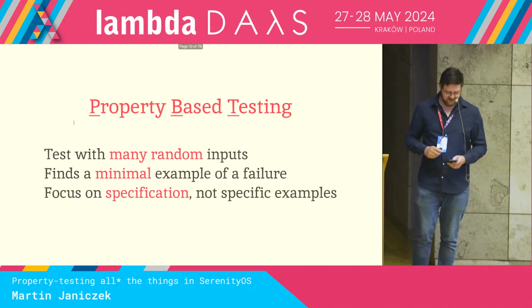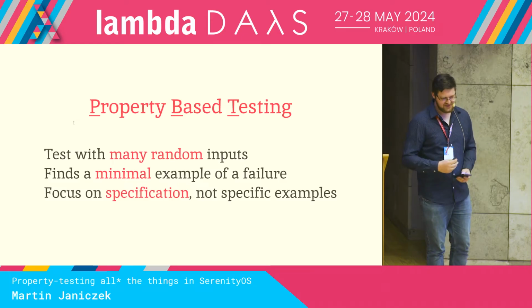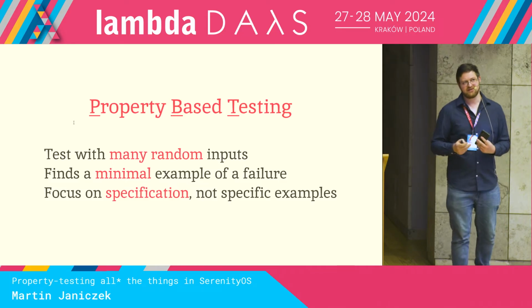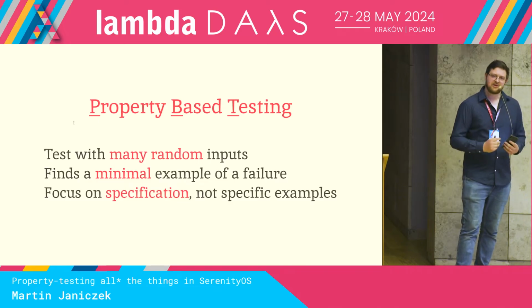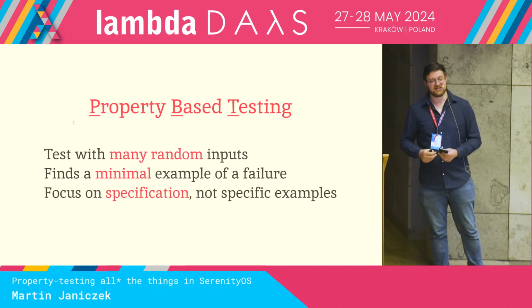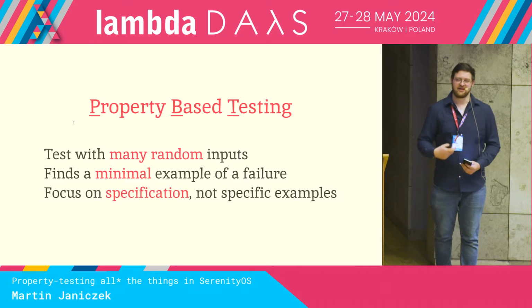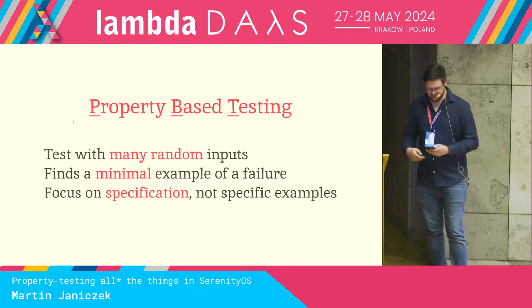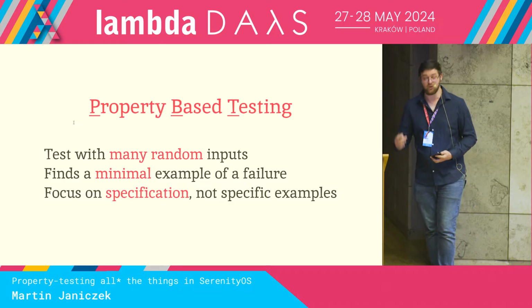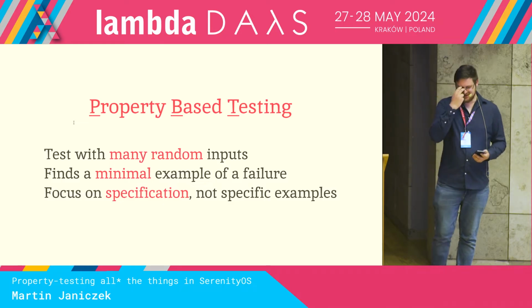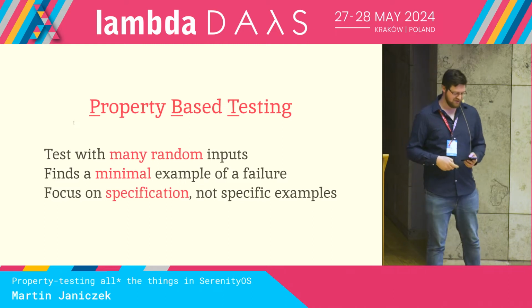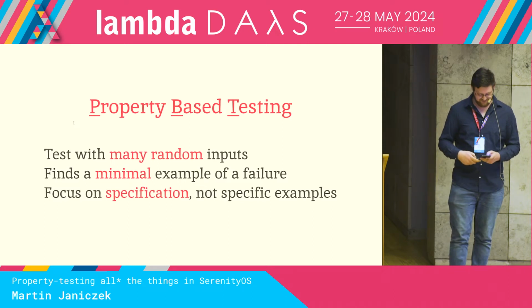But this fact that your test receives random inputs means that in many cases you need to get more general in how you think about tests, and you cannot use all the same techniques that you used with unit tests. So you need to think about what is always true. Laws and properties and specifications that are always true no matter what specific value you are using.